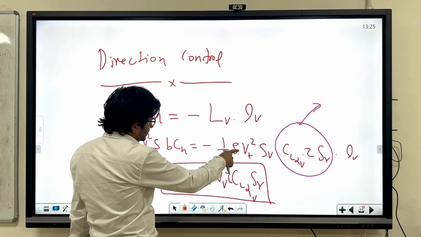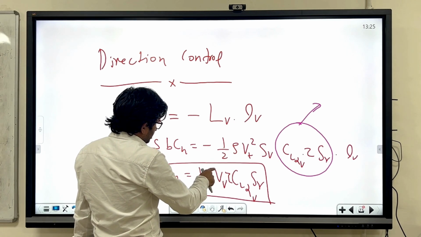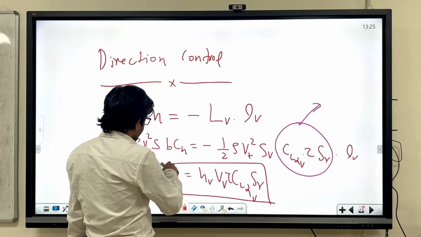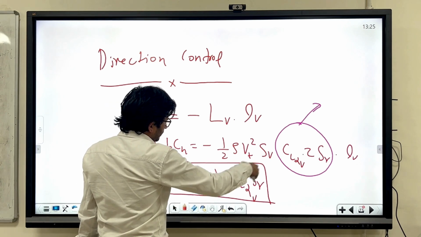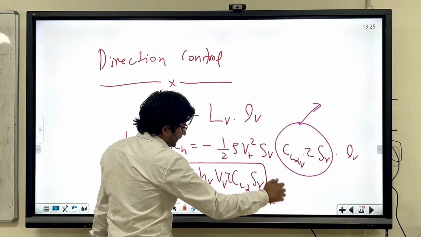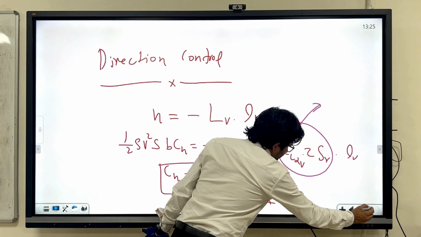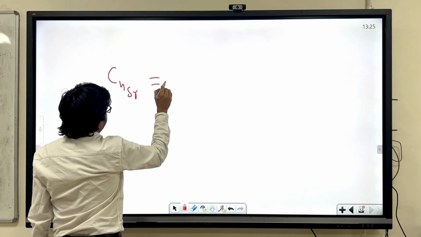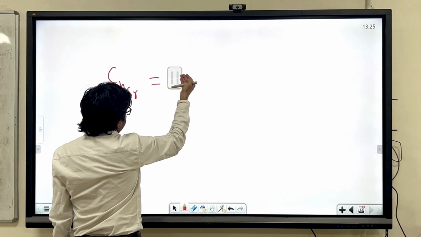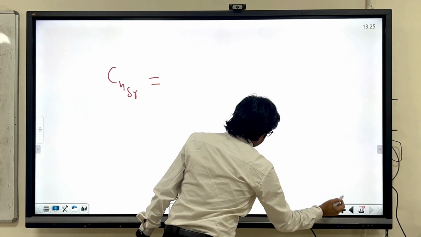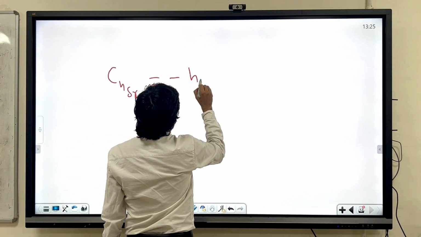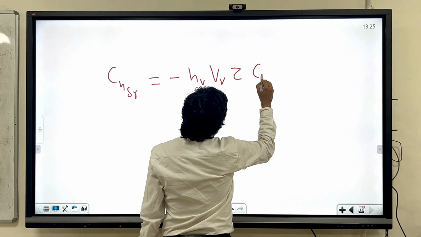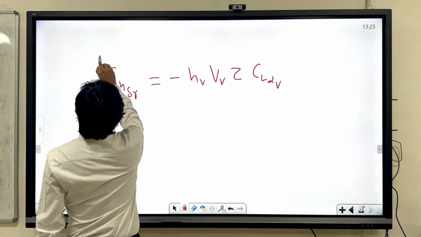You can see half rho V_T square divided by half rho V square is eta_V, and then S_V l_V divided by S b is V_V, tau, C_L alpha of the vertical tail, delta R. Fine. Now if you differentiate with respect to delta R, you will get C_n delta R, which is minus eta_V V_V tau C_L alpha of the vertical tail.